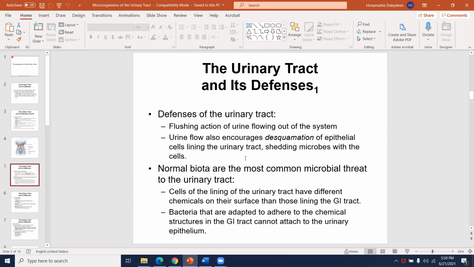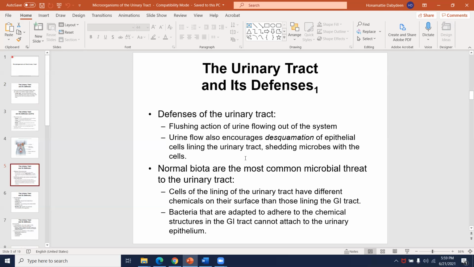You will learn later on that some of your normal flora are the major threat to urinary tract infections. One of the defenses, I should say, is that the cells lining the urinary tract have different chemicals on their surfaces than those of the gastrointestinal tract. And so those organisms that are adapted to adhere to the cells of the gastrointestinal tract cannot really attach to the urinary epithelium.